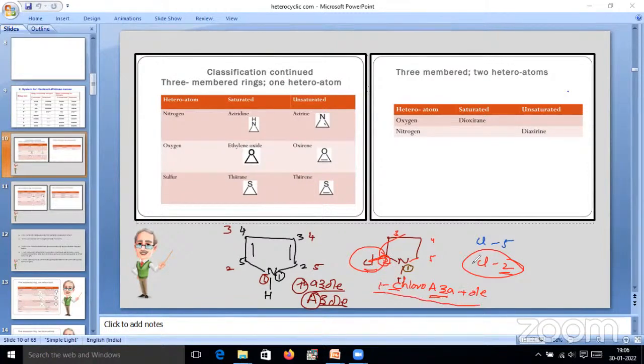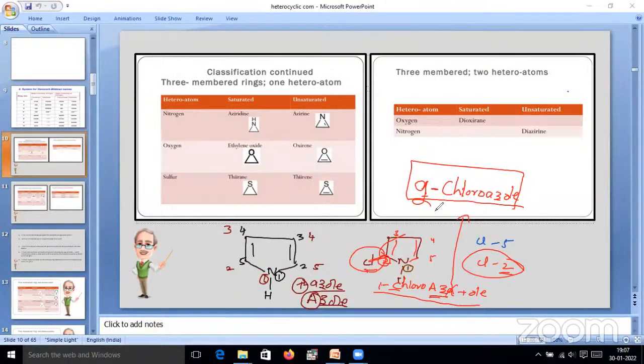So in IUPAC nomenclature you write 2 hyphen chloro, with the first letter of chloro in lowercase. Next, azole with the A deleted. So this is the IUPAC nomenclature: 2-chloroazole.